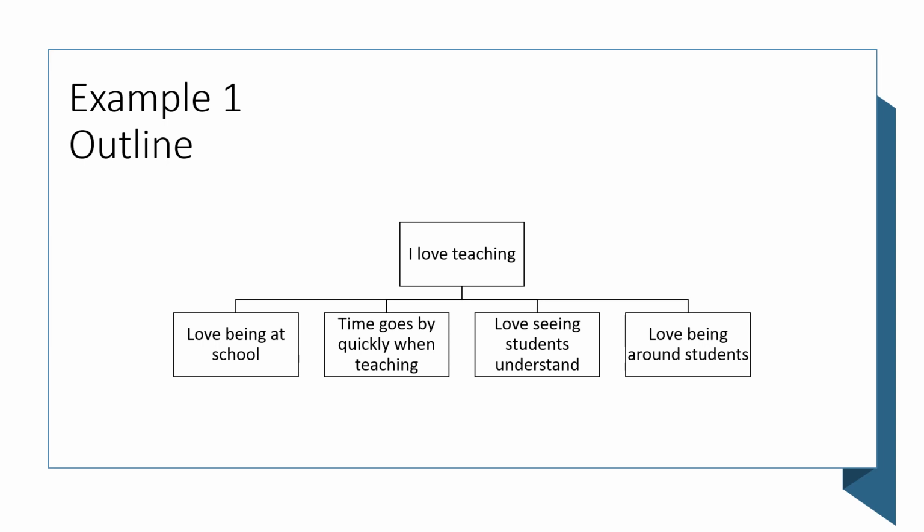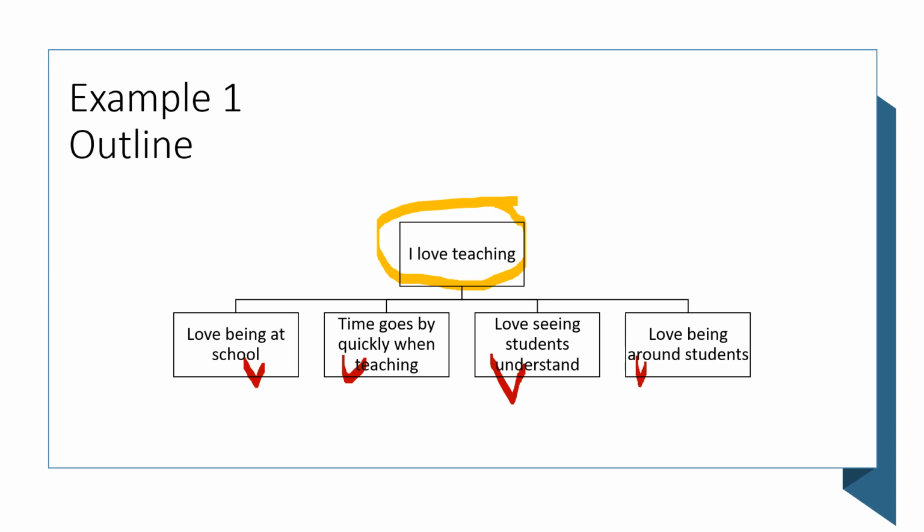All right, go back to my outline. Anyway, so once again, I love teaching is the main idea, and these are the supporting details. So if I can see, I love teaching should be the top bun of my paragraph because this is the main idea.